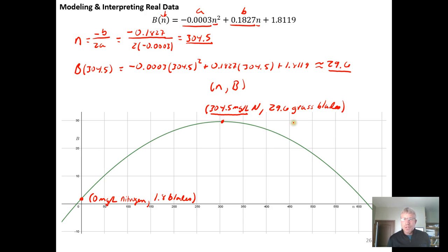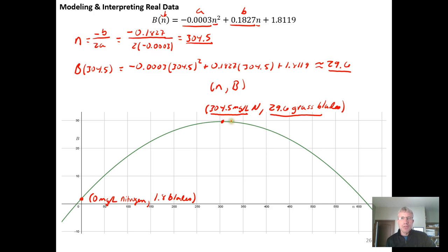And in terms of this contextual model, this would be the maximum grass blades grown that the model's projecting, right? It's projecting that the best we can do is 29.6 grass blades if we do 304.5 milligrams per liter.